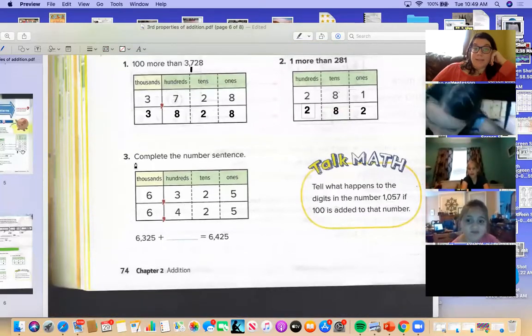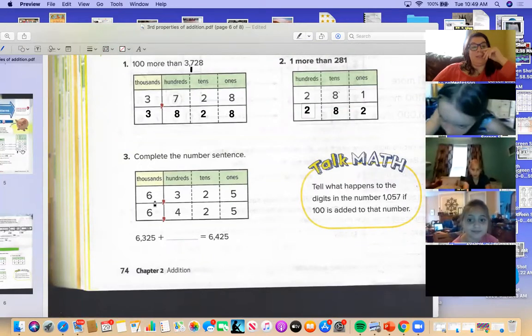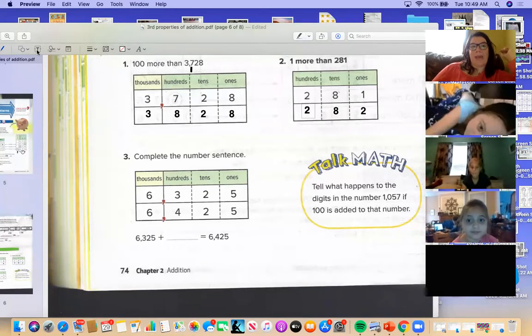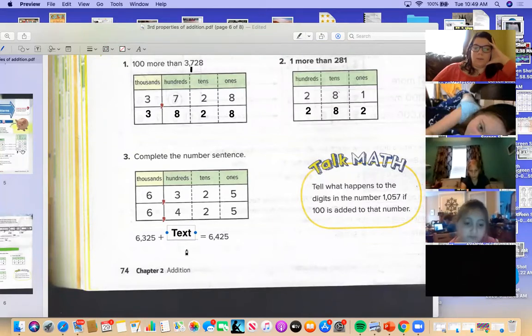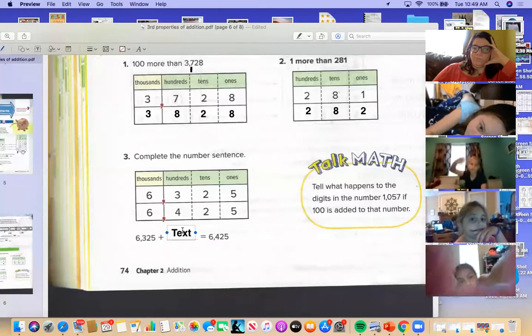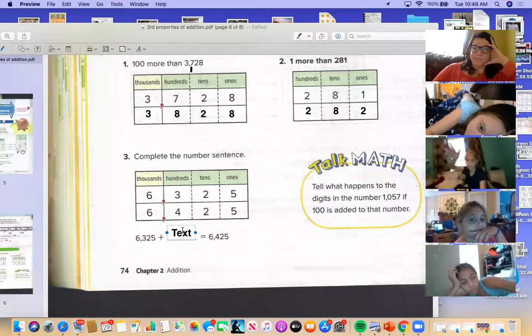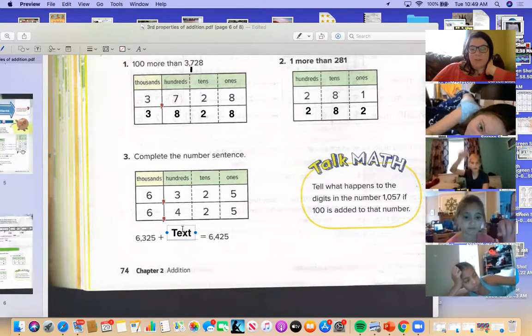All right, this one, we're going to complete the number sentence. It went from 6,325 to 6,425. So what are we adding, Athena? 6,325 plus what will give us 6,425?